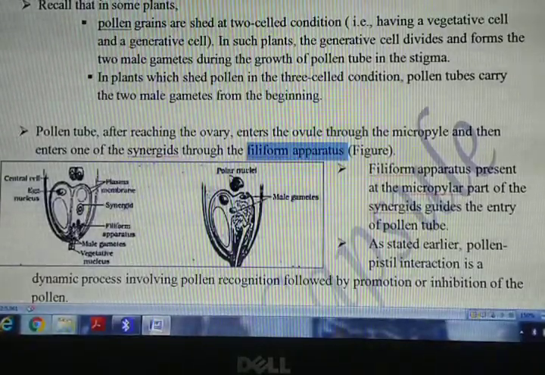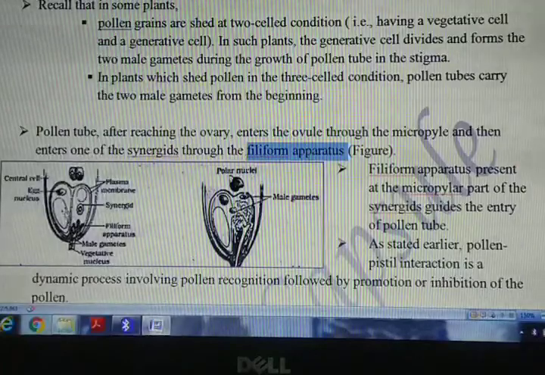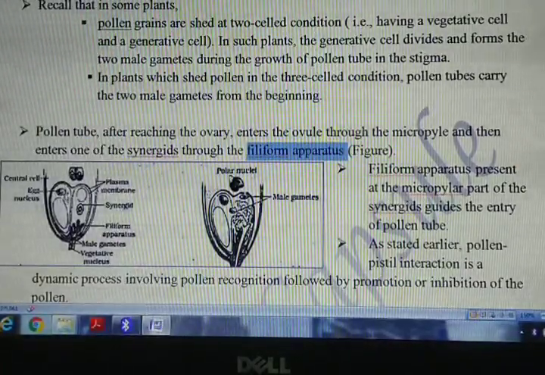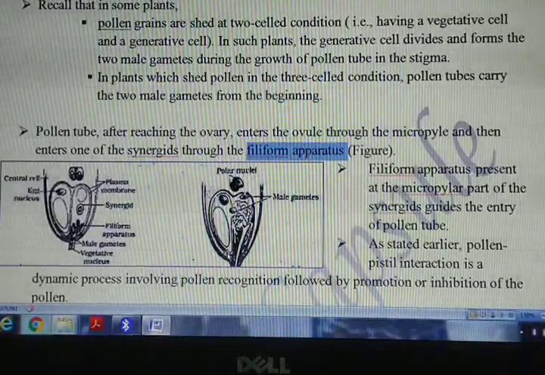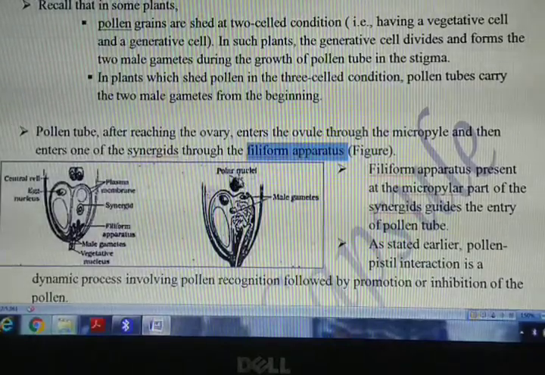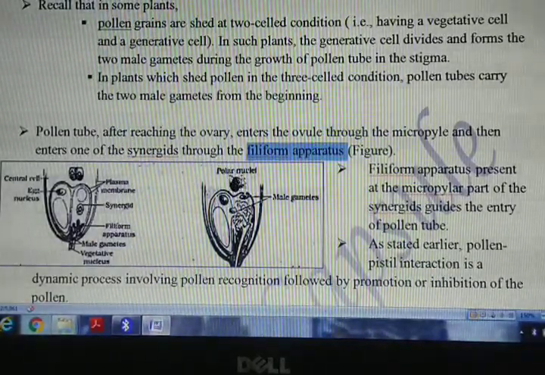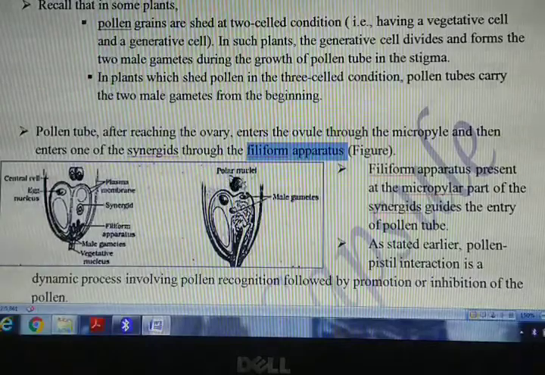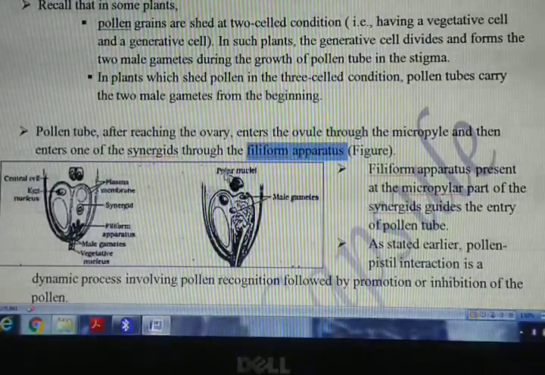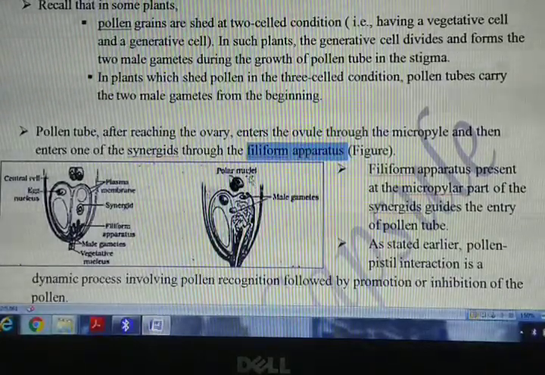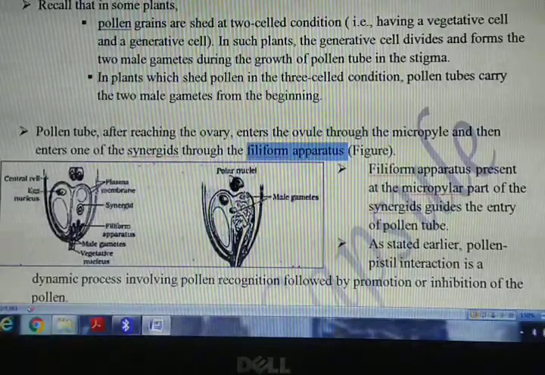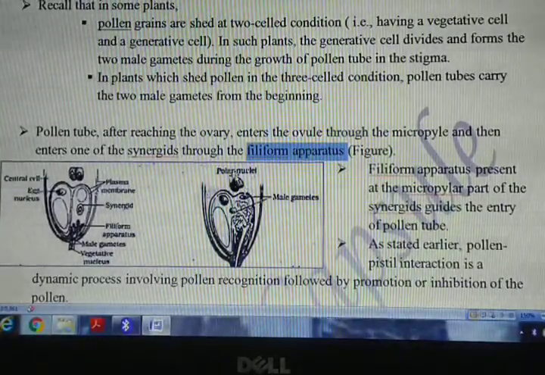Now one male gamete has to fertilize or fuse with the egg nucleus, and the other one has to fuse with the 2 polar nuclei inside the large central cell. The large central cell has 2 nuclei, and the male gamete fuses with them. As a result, if we just take each nucleus as n, this is n plus n, and 1 nucleus has come from the male gamete, so n plus n plus n, 3n.